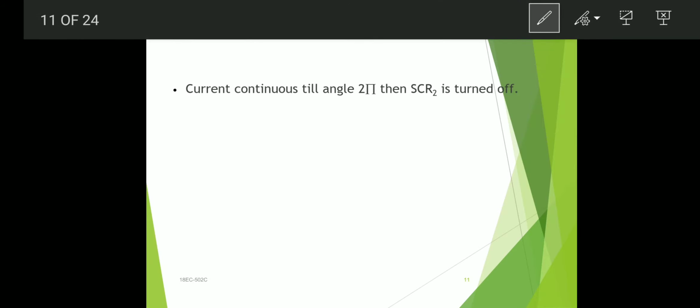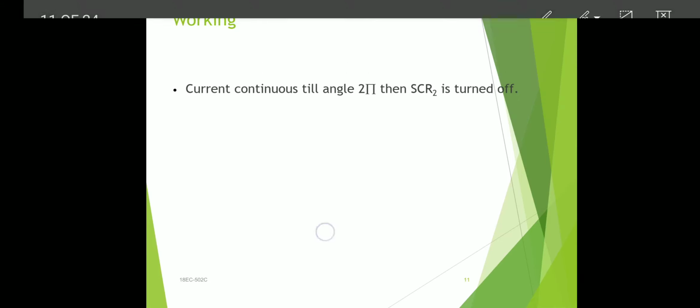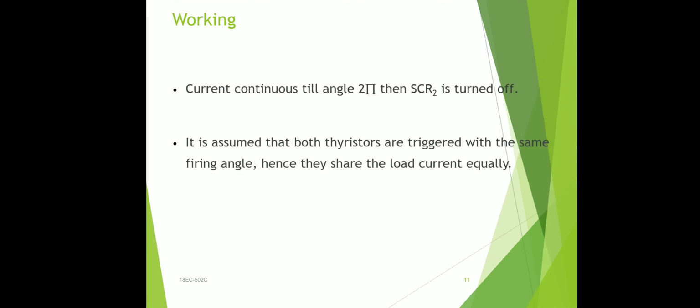This is about the fully controlled rectifier. See here, in this negative half cycle also, the current continues till angle 2 pi. After that, the SCR is turned off. Here it is assumed that both thyristors are triggered with the same firing angle.